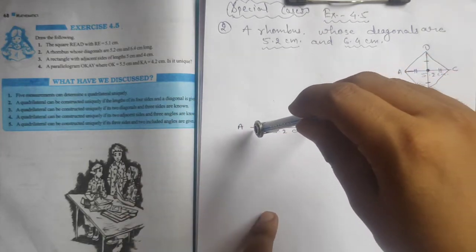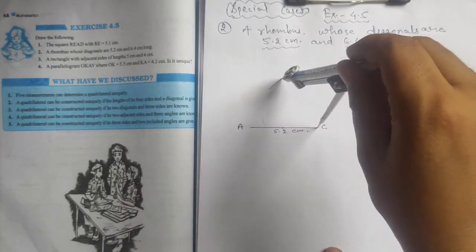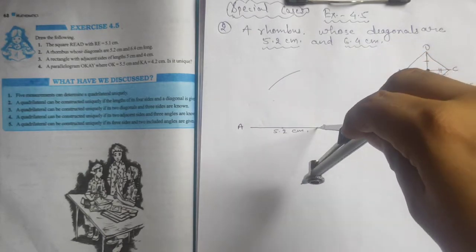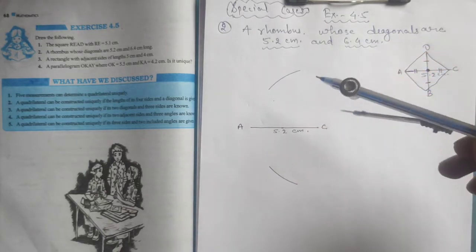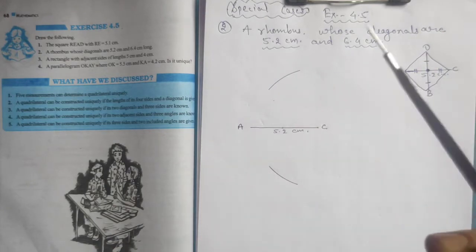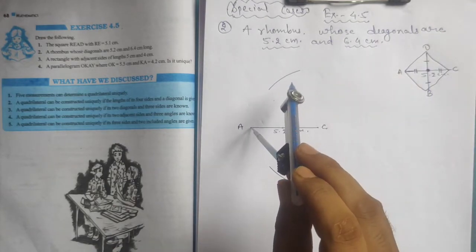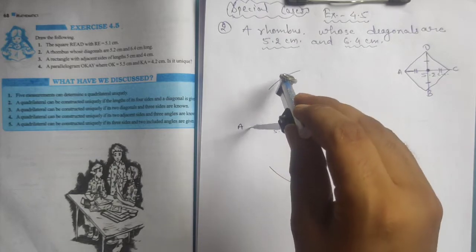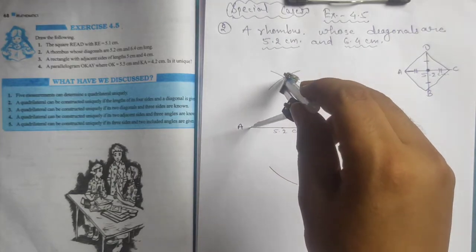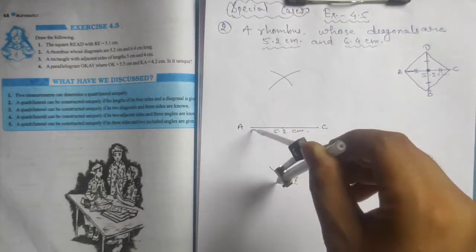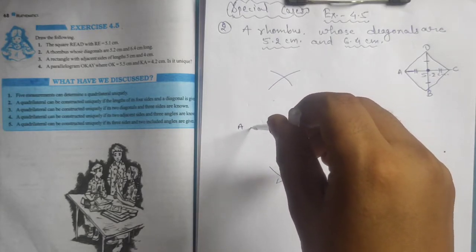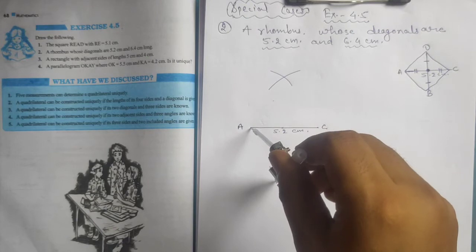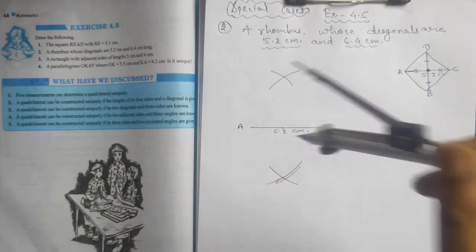I am taking this much to draw an arc upside and downside from point C, and without changing the measurement, again we put the pointer on point A and make an arc upside and downside. Okay, we have made the arcs and we got the intersection points.